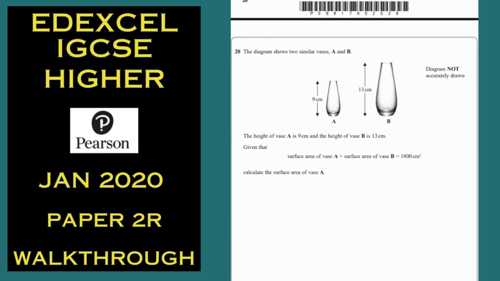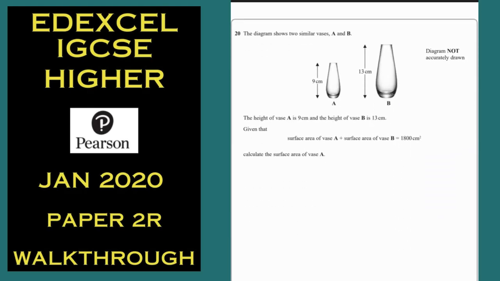Number 20. They do love these linear, area, and volume scale factors. Seem to really love them. Going from small to big or big to small depends on how you want to think about it. I'm saying that in terms of height, the linear scale factor is 13 over 9, because 9 times 13 over 9 is 13.